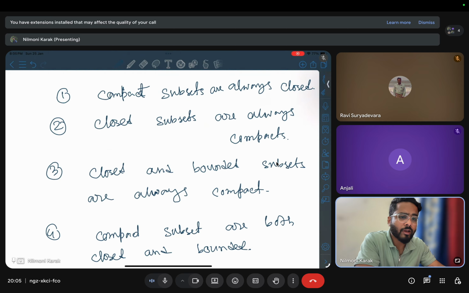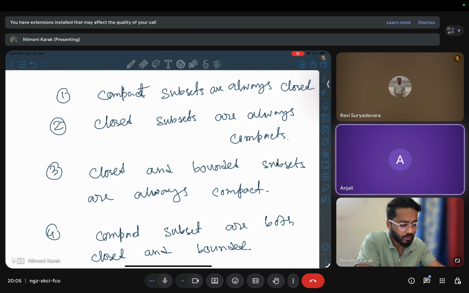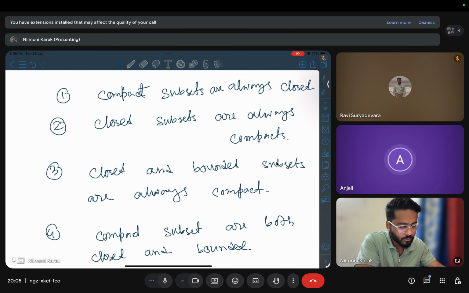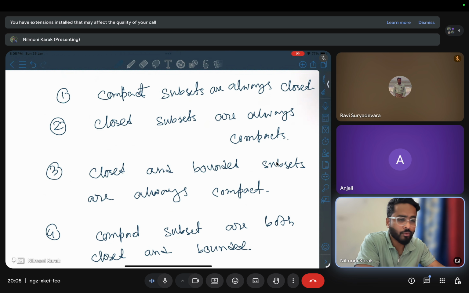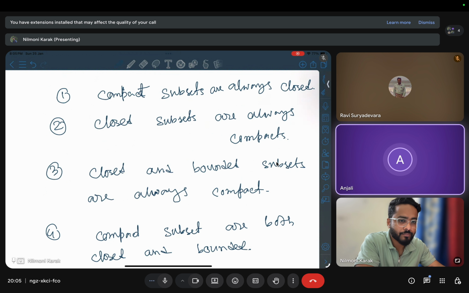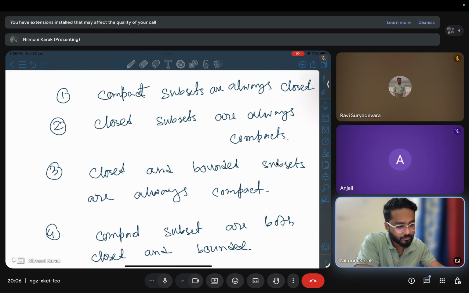In R, you can use the Heine-Borel theorem, right? Compact will imply closed as well as bounded. So that's why 4 is true, and the first is also true then.